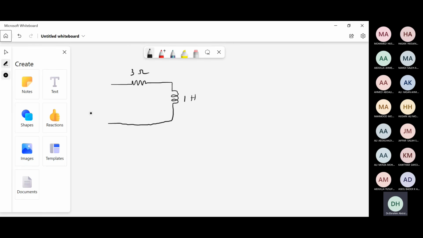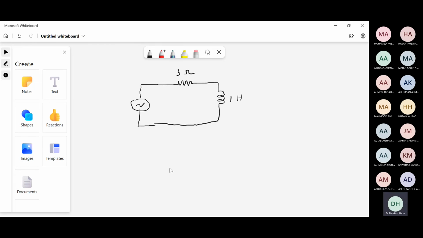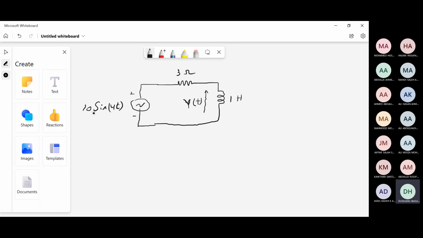Here we have an AC source, and the voltage here is equal to 10 sine 4t. What I want to find is the voltage across L, so VL of t. So this is V of t, or let me name it as y of t.